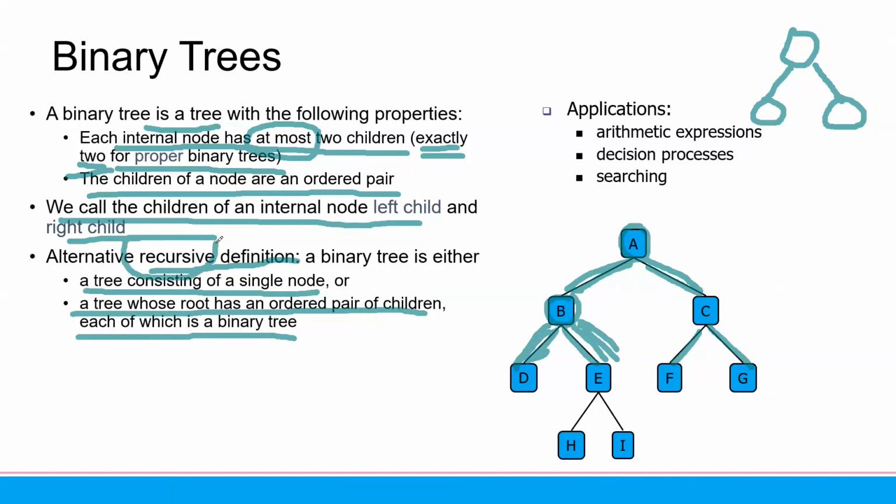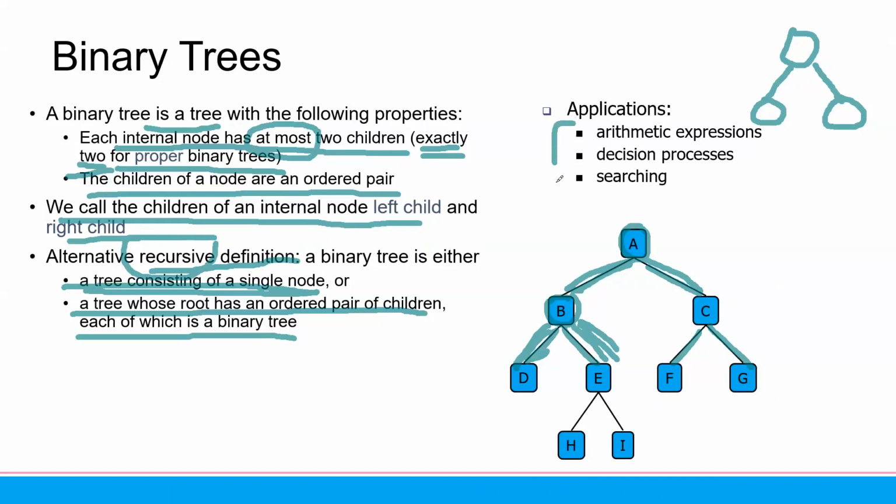So it means one parent have 2 nodes, one parent have 2 nodes, one parent have 2 nodes. It can be the recursive. Or if the tree only consists of a single node, then it's the recursive.